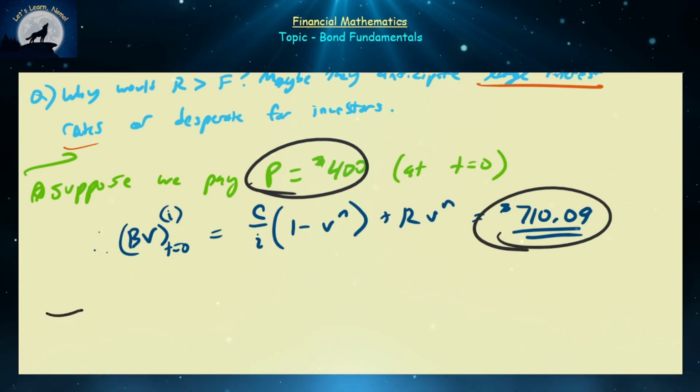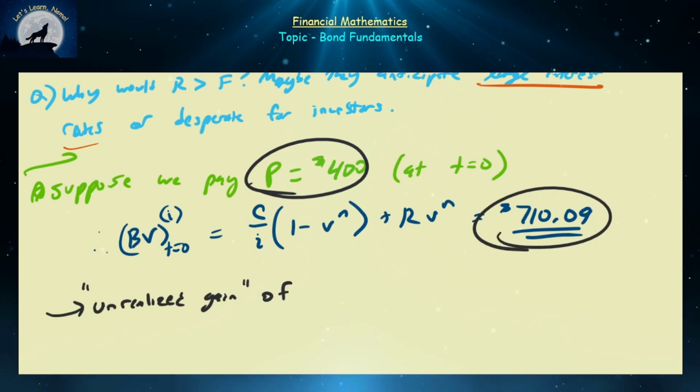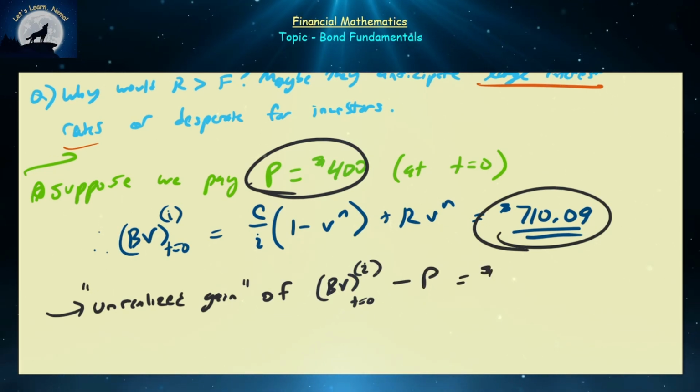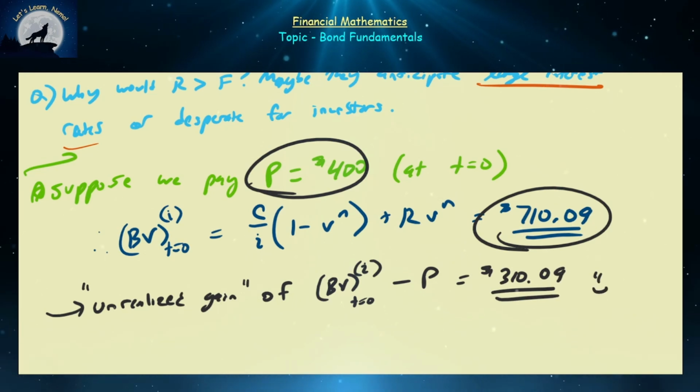So what we have here is an unrealized gain, as some people refer to it. That's just going to be equal to our book value at time t equal to 0 under I, minus the price we pay, and that's going to be equal to $310.09. And that obviously is really good.